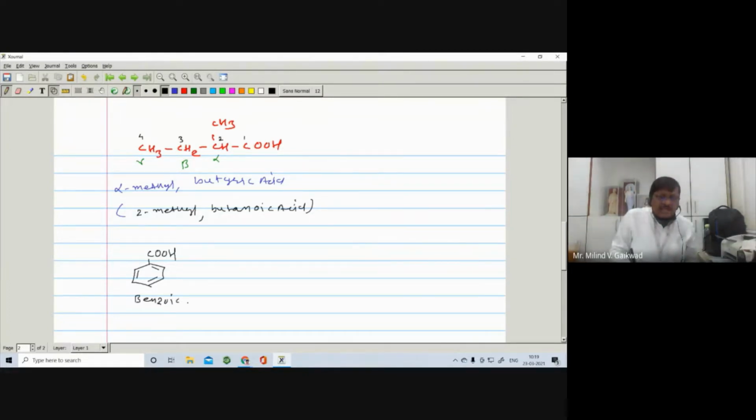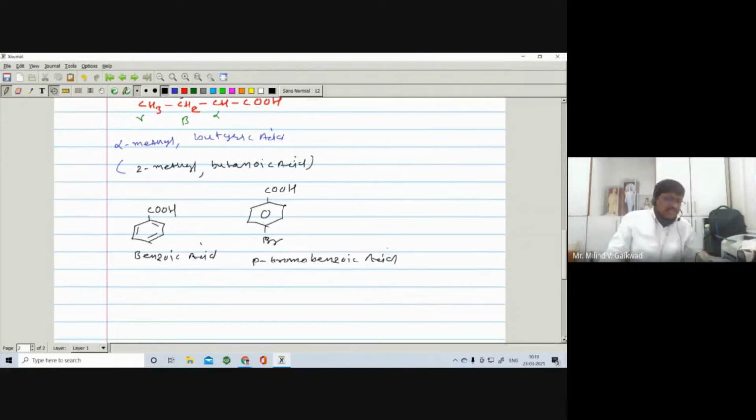Similarly, if in benzoic acid there is a substitution on the benzene, for example Br at the para position, it is called para-bromobenzoic acid. In this way you can write the other examples also.